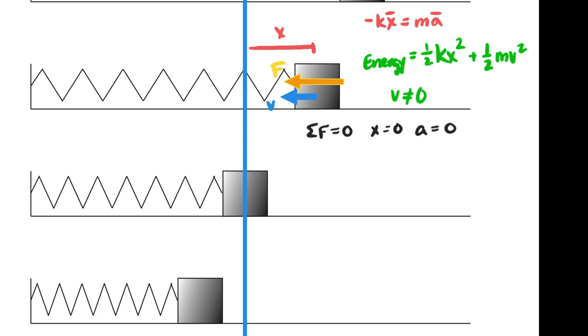This also means that there's no potential energy in the spring because the potential energy of the spring is 1/2 kx squared and x is 0. That means all the energy in the system is in kinetic, which means the kinetic energy must now be at a maximum.